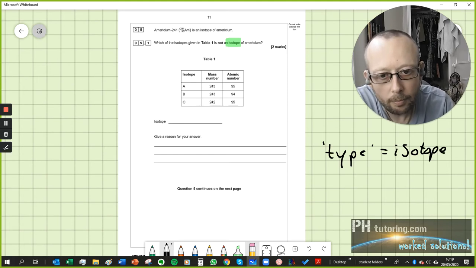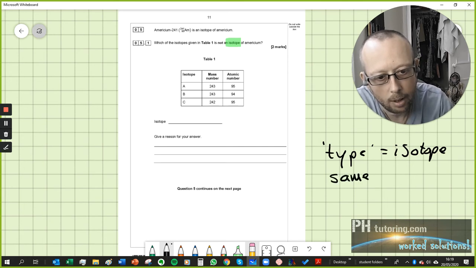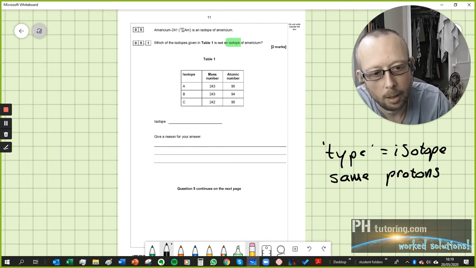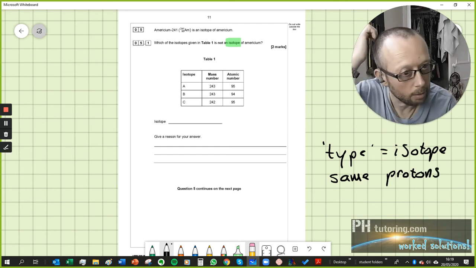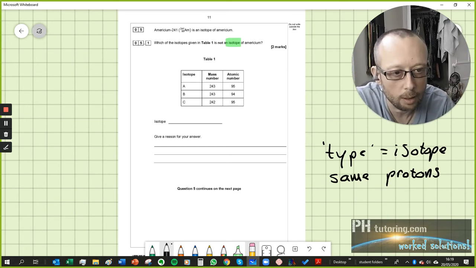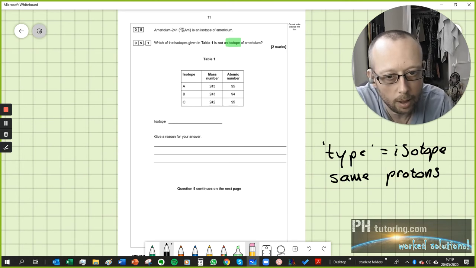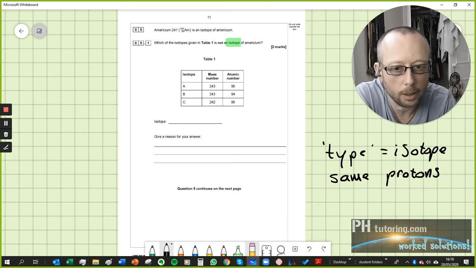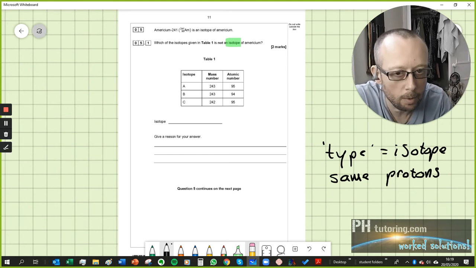Now all the isotopes have the same number of protons, because if it had a different number of protons, it wouldn't be that particular isotope. So all americium atoms have a certain number of protons. Now we're not required to know that number for this question. We just know that they all have the same number.